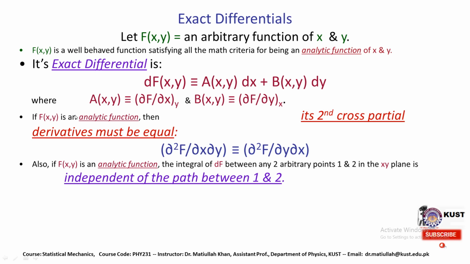Here we can see that a(x,y) = ∂f/∂x, and similarly b(x,y) = ∂f/∂y. So if f(x,y) is an analytic function, then its second cross partial derivatives must be equal.